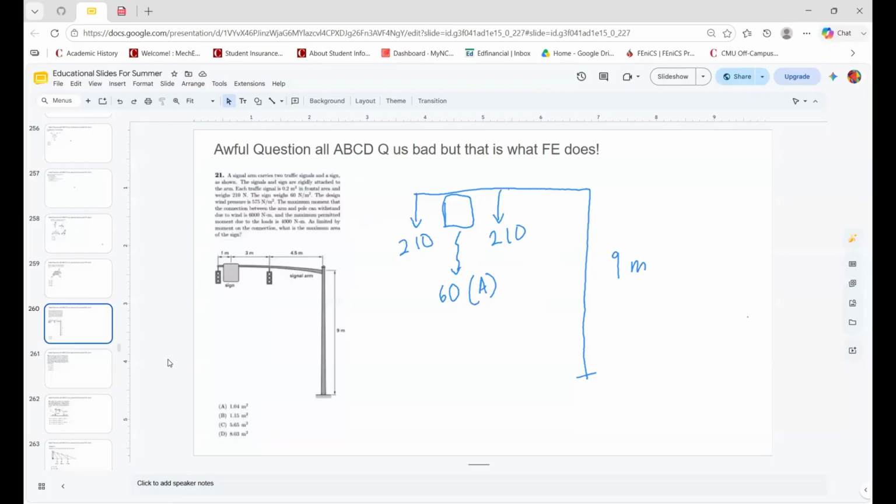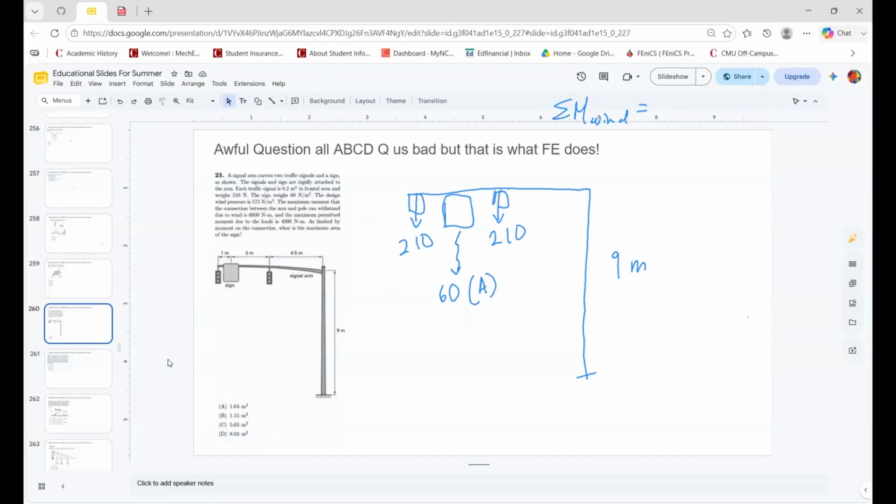The design wind pressure is 575. You're going to have to do wind pressure for everything, right? So what that means is that it's going to be a moment of wind.